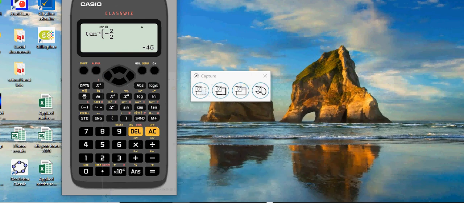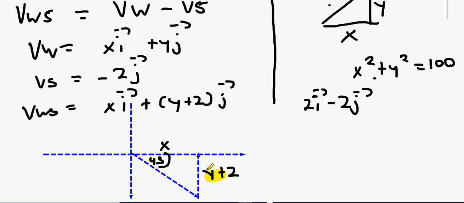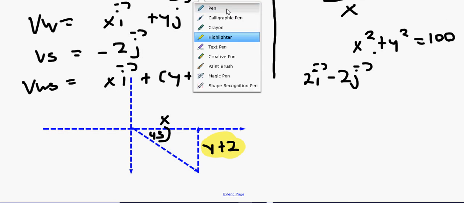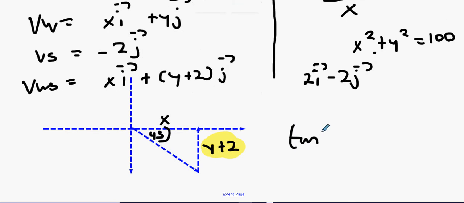Well, not that type of problem. Why? That's actually negative, isn't it? Because it's going south. It's negative. So when I want to write down tan 45, what do I have to adjust? Have to turn that into minus y minus 2 over x.